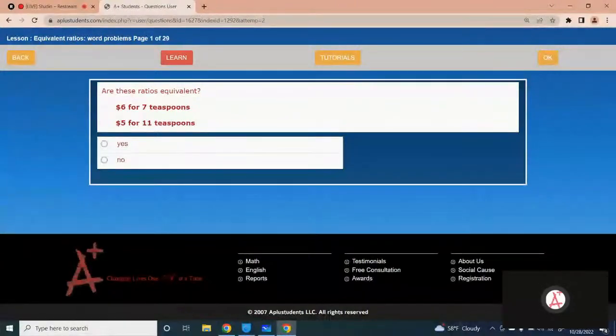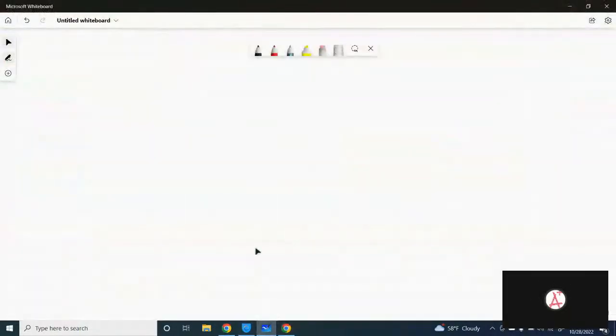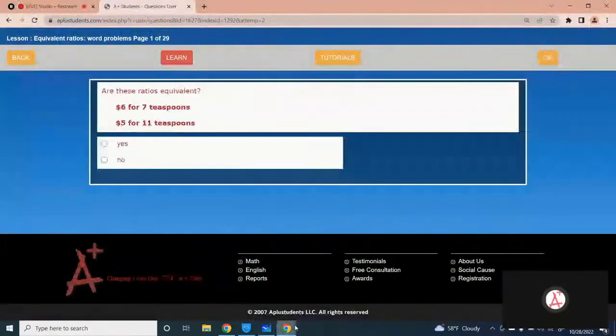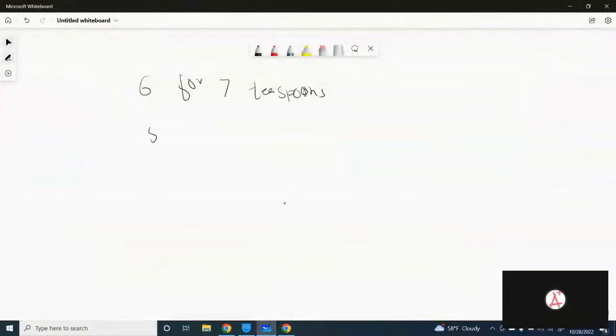Let's just write it down on the board. 6 for 7 teaspoons and 5 for 11 teaspoons. So we need to see if they are equivalent. Got it? Write them in fractional form. So it would be 6 over 7 and 5 over 11. So just cross multiply.